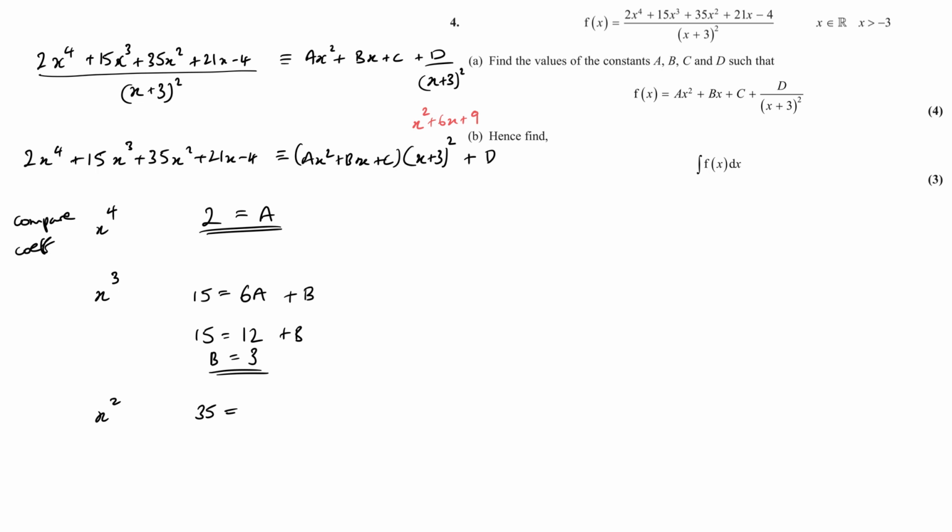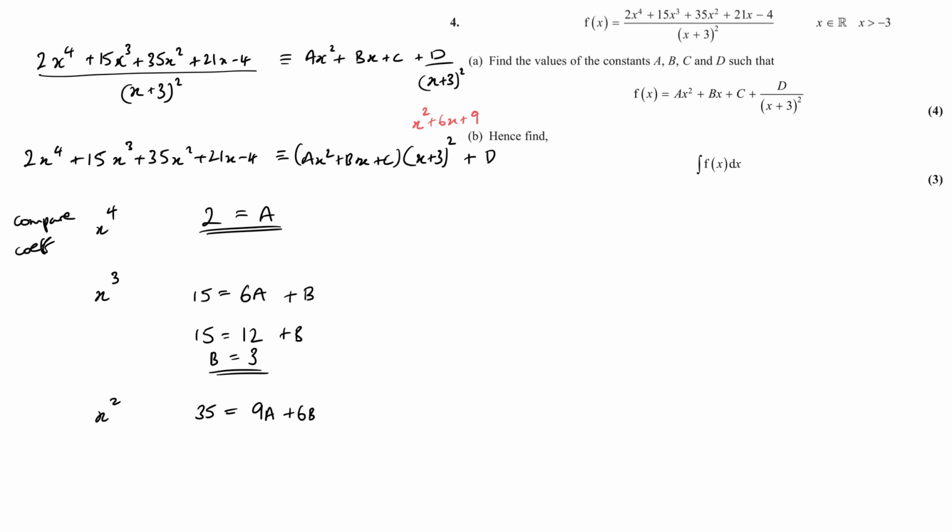Now, on the right, there's a few different ways. So ax squared times the 9, that would be 9ax squared, so 9a. Then I've got the bx times the 6x, that would be 6bx squared, so plus 6b.